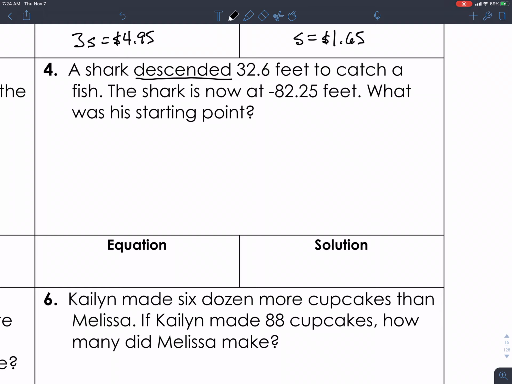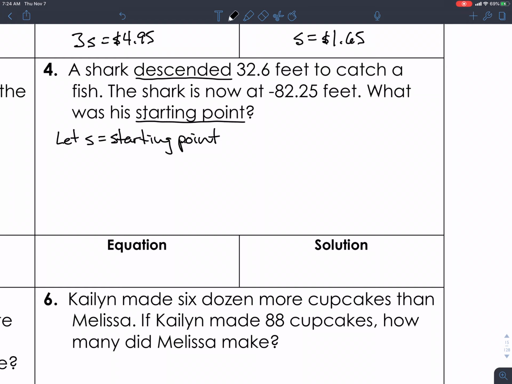What was his starting point? So let's use another letter. It doesn't matter what we use, because what we're trying to find is the starting point. We'll use S for starting point. So we're going to define our variable. Let S equal starting point.